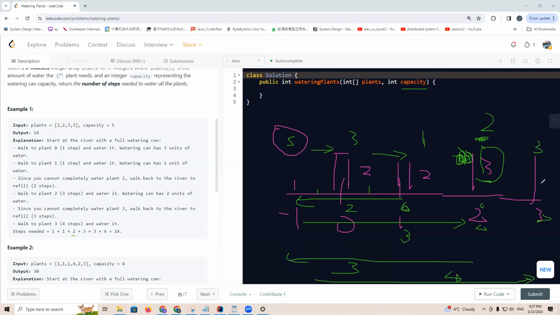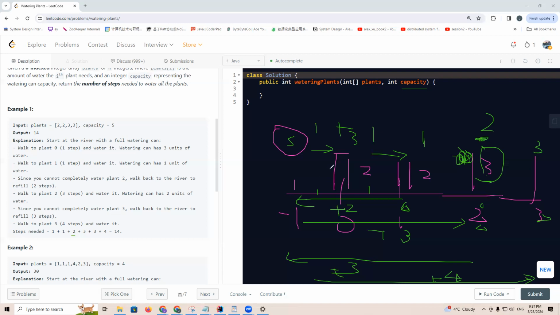So the question asks how many steps in total for this process. He goes 1 plus 1 plus 2 plus 3 plus 3 plus 4, so total equals 14, right? So this question is just a simulation.